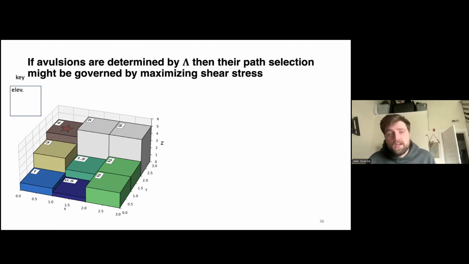And it's based on the idea that if avulsions are determined by the ratio of shear stresses in their pathways, well, maybe their pathfinding, or where they go after an avulsion occurs, is also governed by shear stress, by maximization of that shear stress. How much energy can the river really exert into the bed? So let's imagine we have a river that avulses.